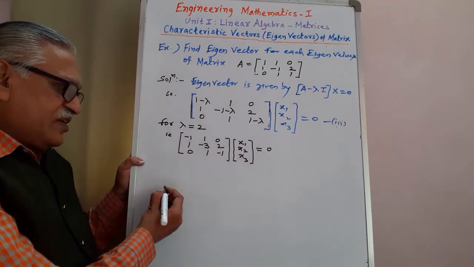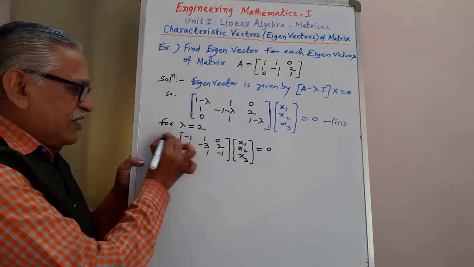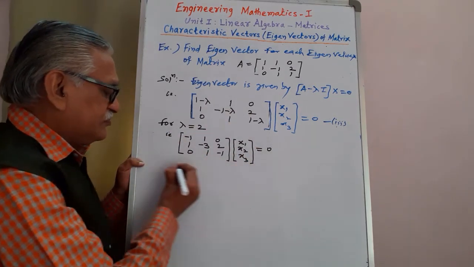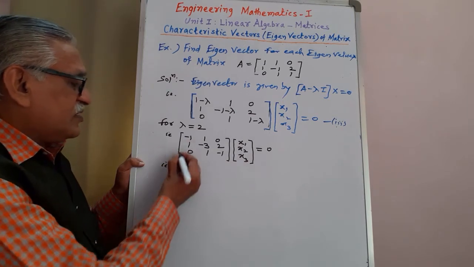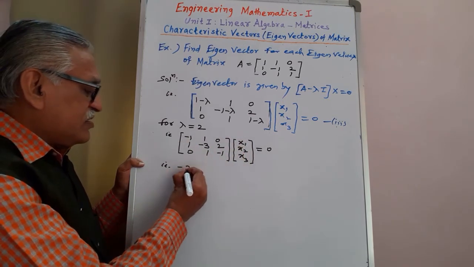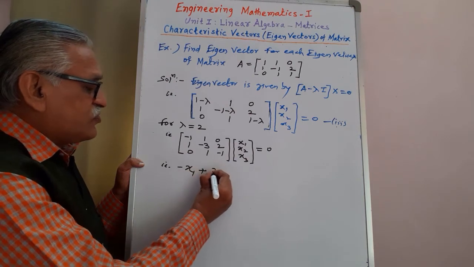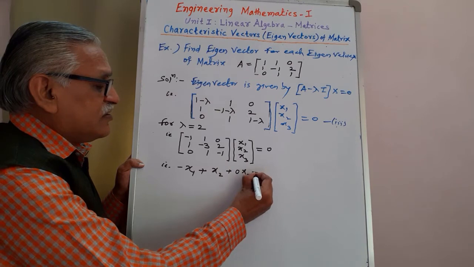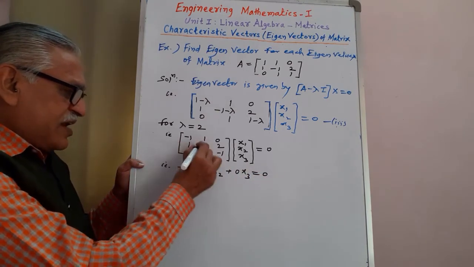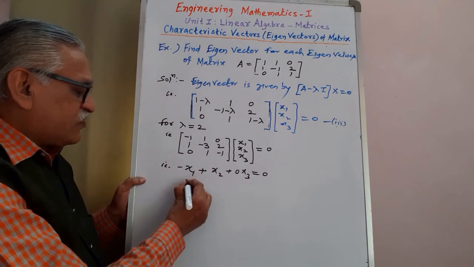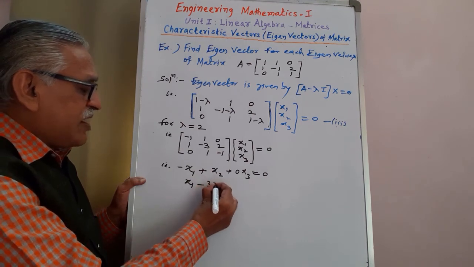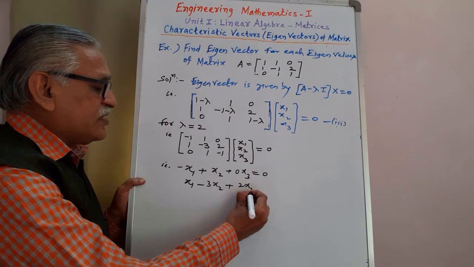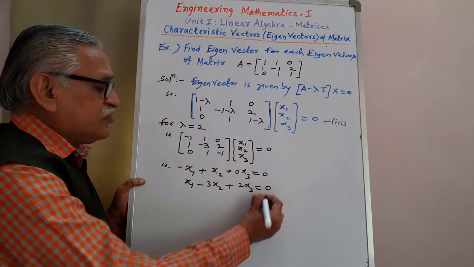We have equations by multiplying each row by that column. This gives minus x1 plus x2 plus 0x3 equals 0. Then by the second row we get x1 minus 3x2 plus 2x3 equals 0.